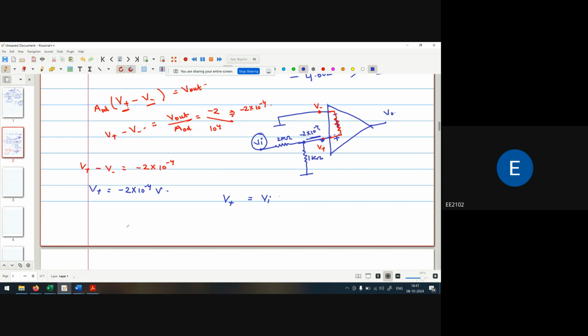So Vi multiplied by the same resistance upon the addition of these two resistances, 2 into 10 raised to the power 6 plus 1 into 10 raised to the power 3. But we already know V plus, so we can calculate Vi is equal to 2.001 into 10 raised to the power 6 times V plus upon 1 into 10 raised to the power 3. So Vi is minus 0.